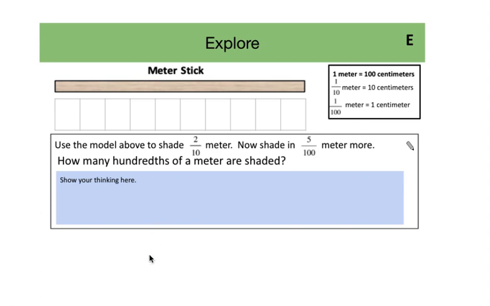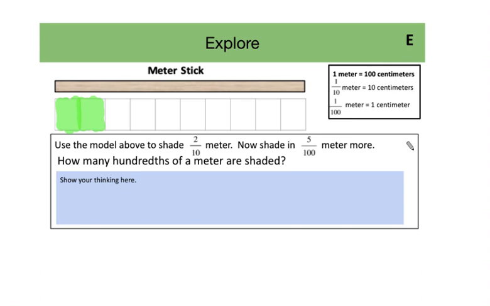All right, so let's go ahead and take a look at this question together. So this first part, they wanted us to just shade in 2/10. And now they want us to shade in 5/100ths.